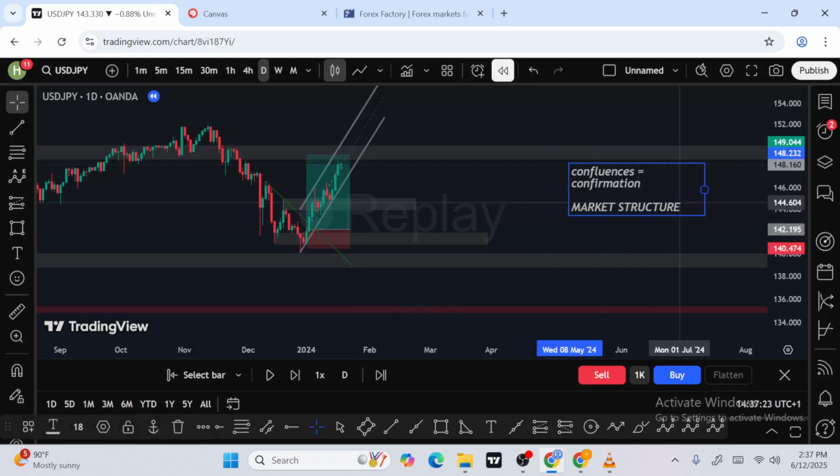So after you've marked your market structure, the next thing you are looking at is: is there a support or resistance around the current price?